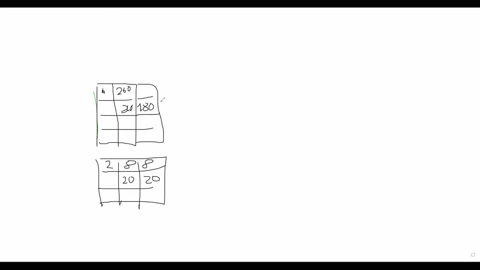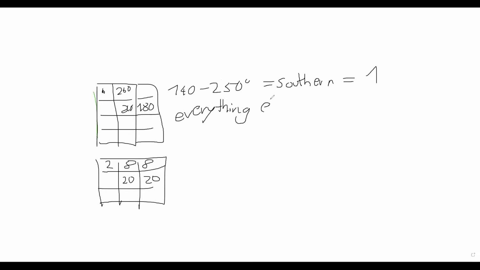So we check what kind of values here are southern. And then we find out that, for example, maybe 140 to 250 degrees are southern. So we want these values to be 1, and everything else we want to be 0.